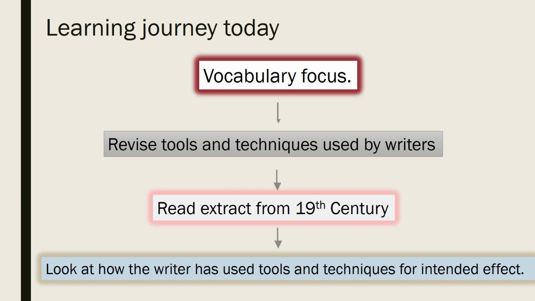And we're going to look at a very small extract from the 19th century, and we're going to look at a question of how the writer has created a certain effect in their description by using the tools and techniques that we have focused on today.